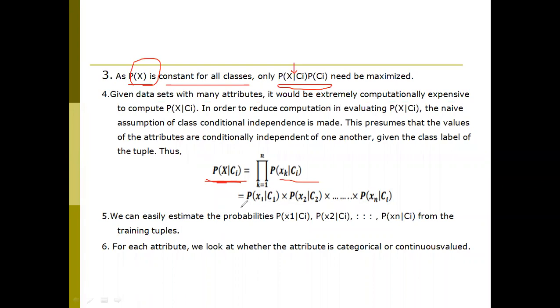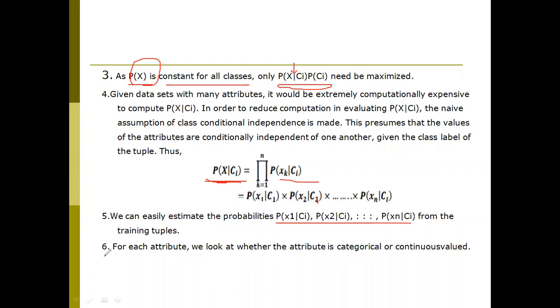So for that, P(x1|C1), P(x2|C1), up to P(xn|C1), and so on. We can easily estimate these probabilities from the given training tuples: P(x1|C1), P(x2|C1), P(x3|C1), and so on.